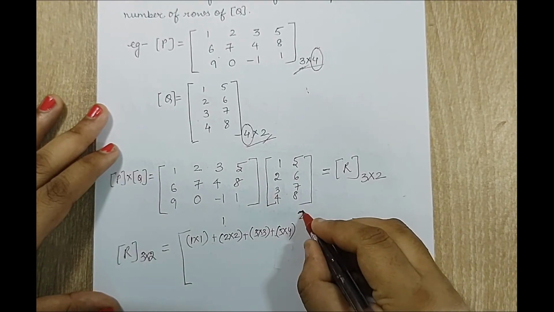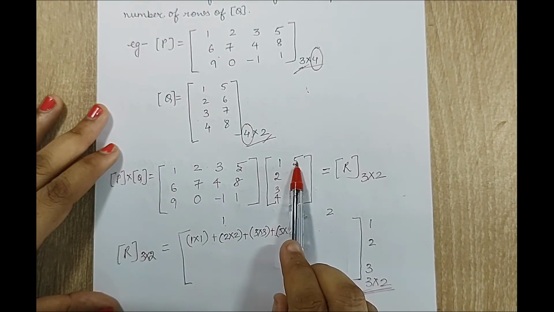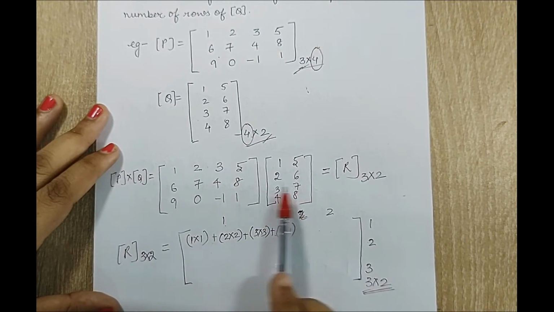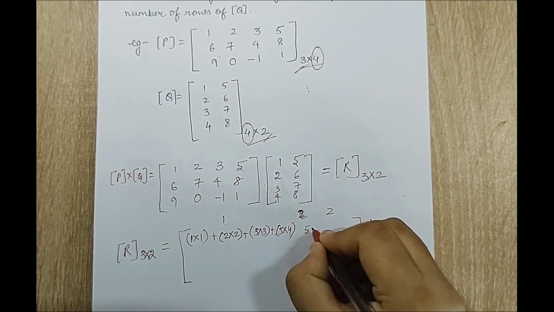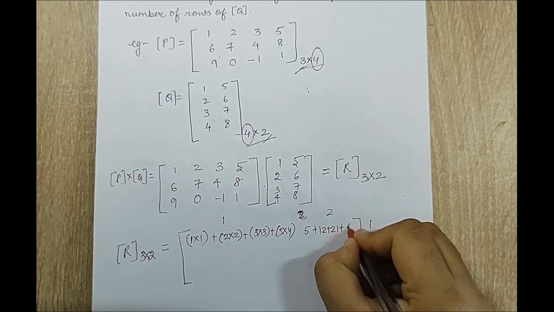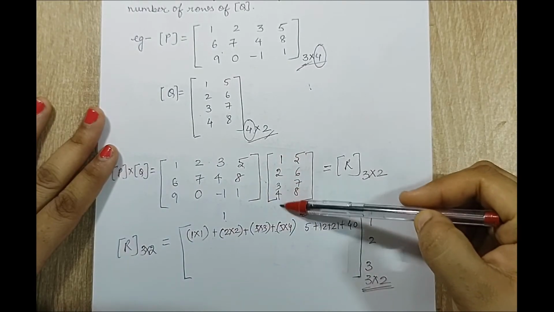For the second one, okay, let's write it here. For the second one, I am going to multiply 1 into 5 plus 2 into 6 plus 3 into 7 plus 8 into 5. Now if you add them, you will get the value as 5 plus 12 plus 21 plus 40. Next I am going to multiply for the second row and first column.